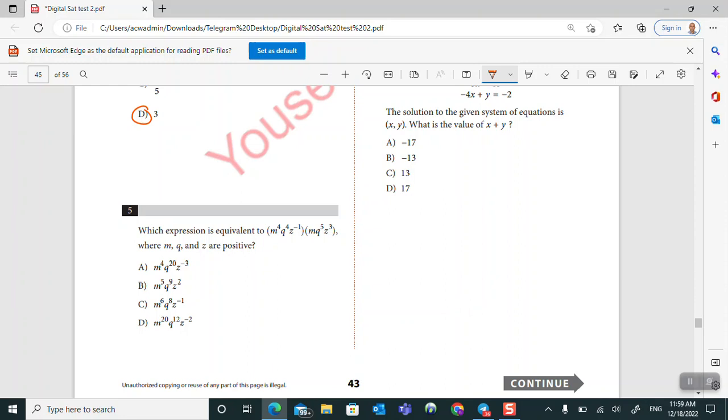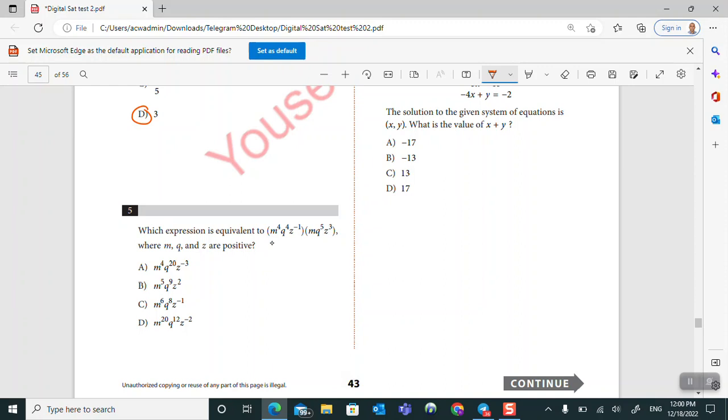Which expression is equivalent to m to the power of 4, q to the power of 4, z to the power of negative 1, times m, q to the power of 5, z to the power of 3? So all what you have to do is, when you have an expression like that and you have powers, add the powers to each other.